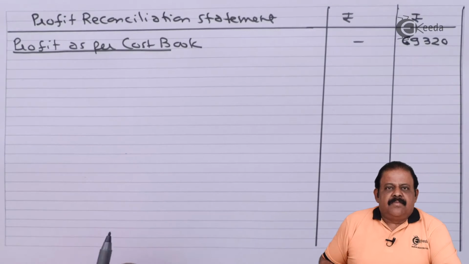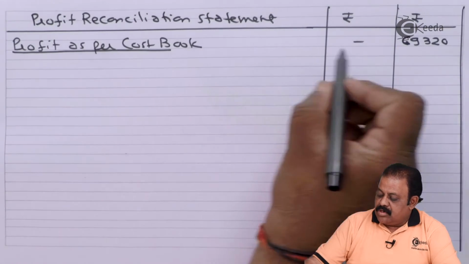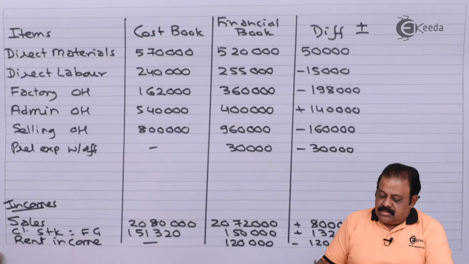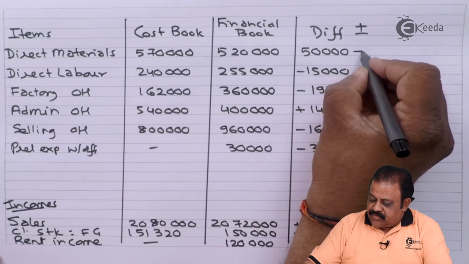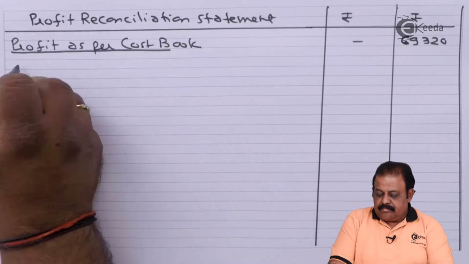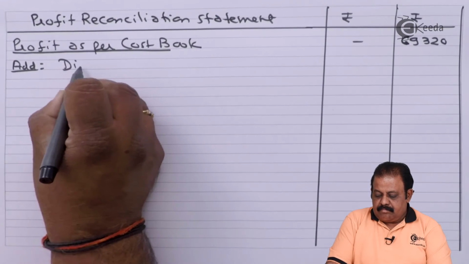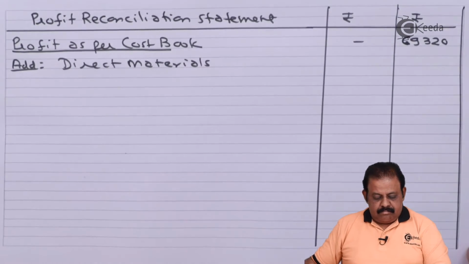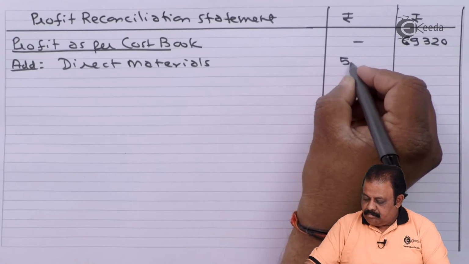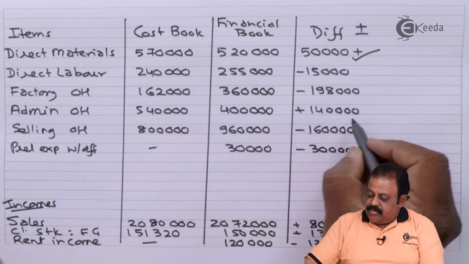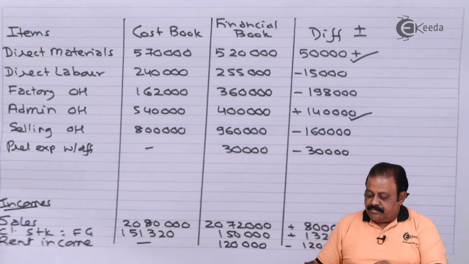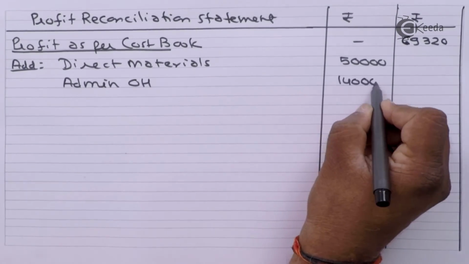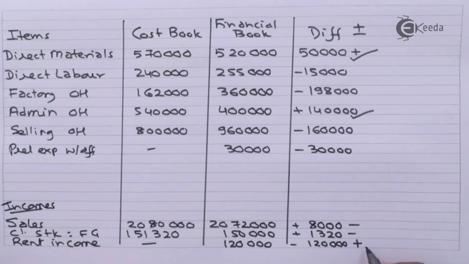Profit reconciliation statement will start with profit as per cost book 69,320. Now we are required to add the items. Direct material, it is plus 50,000. Administration overheads plus 1,40,000. Then we have rent income 1,20,000.